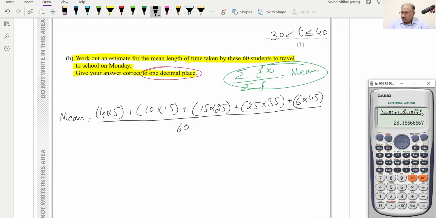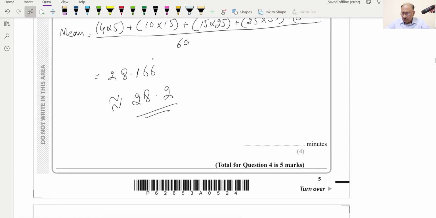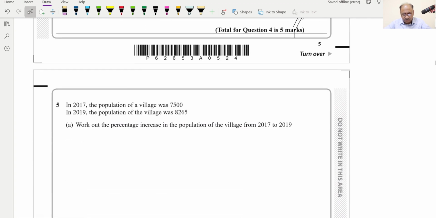This is equal to 28.16 recurring. Because we have to provide up to one decimal place, we round it to 28.2, and this will be the mean value. These are minutes, so 28.2 is our final answer for this question.